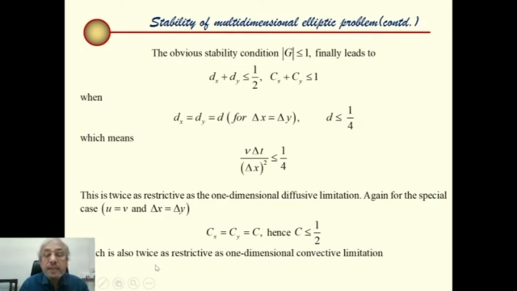So this CFL condition is also twice as restrictive as the one-dimensional case. So the diffusion limitation is twice as restrictive as in the one-dimensional case in 2 dimensions, and the CFL condition is also twice as restrictive as the one-dimensional equivalent.